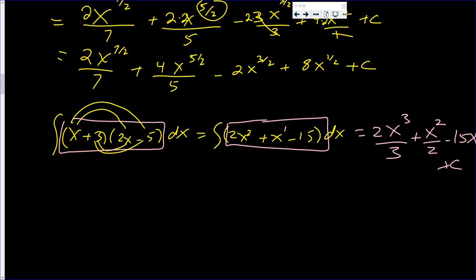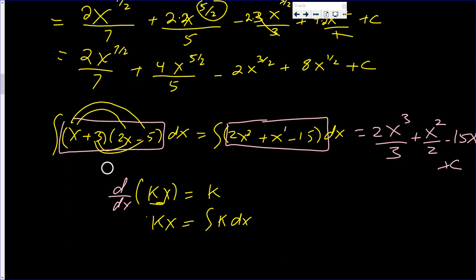Well, if you think about it, the derivative of a constant times x is a constant. Therefore, the integral of a constant is kx plus c. Okay. So the integral of negative 15 was negative 15x. And there's no way that that answer's wrong.